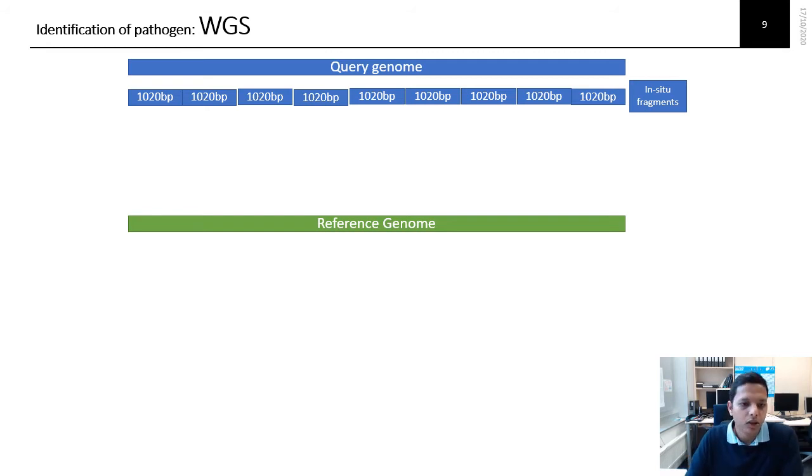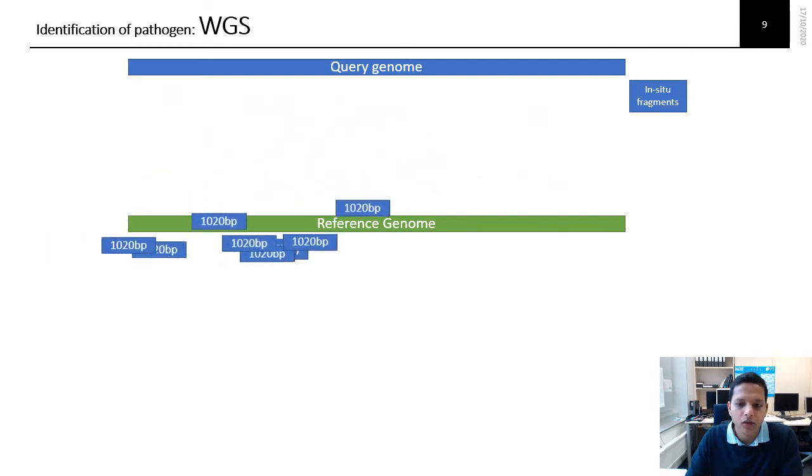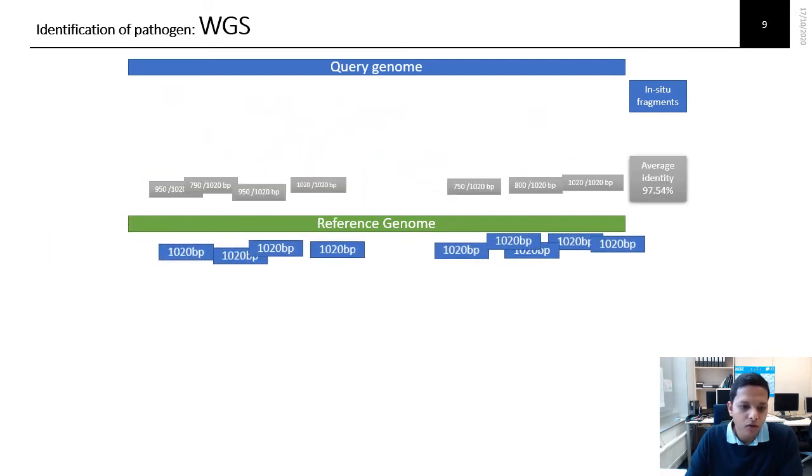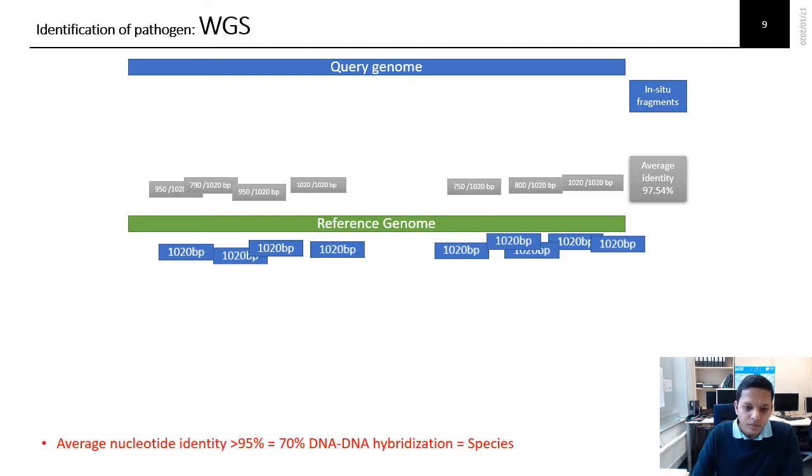Here we use 1020 base pair segments that we align to the reference genome. What we do is we calculate the nucleotide identity between these segments. For example, this particular segment has all nucleotides matching with the reference genome. Here we have 950 or 790 bases matching to the reference genome. And finally we calculate the average nucleotide identity.